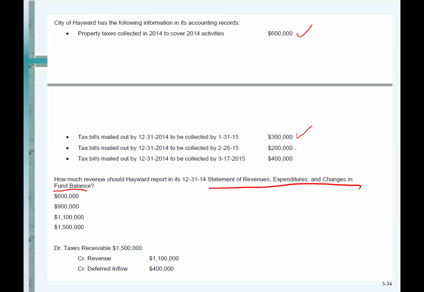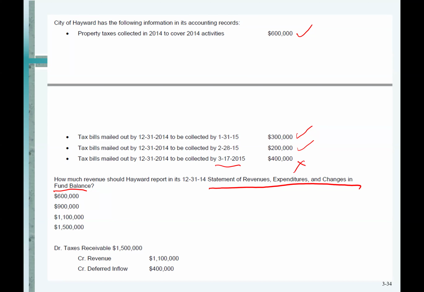That's falling within the 60 days using the 60-day criteria. February 28th. Yep, that's 58 days. Even if it was a leap year, it'd be 59 days, so we'd be okay there. Now we're looking at this last one, 317, and that's outside the 60 days. We wouldn't include that as revenue because we wouldn't collect it in time.